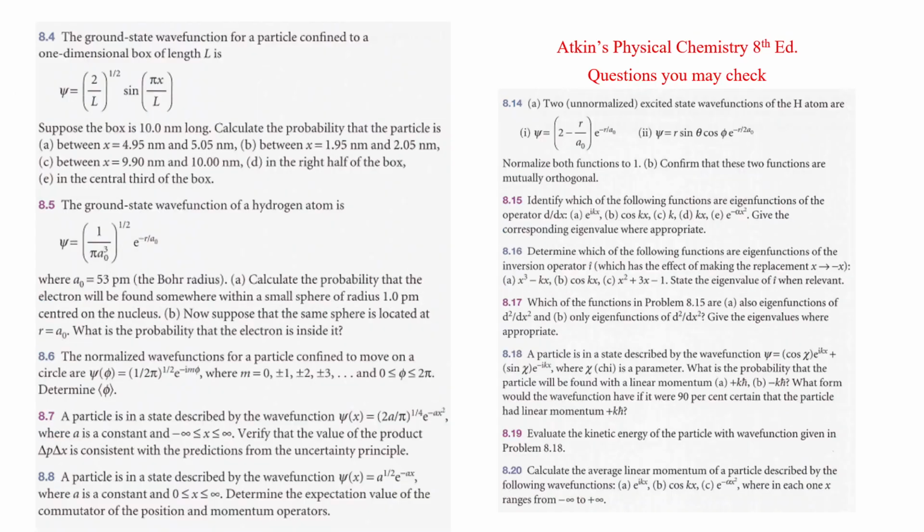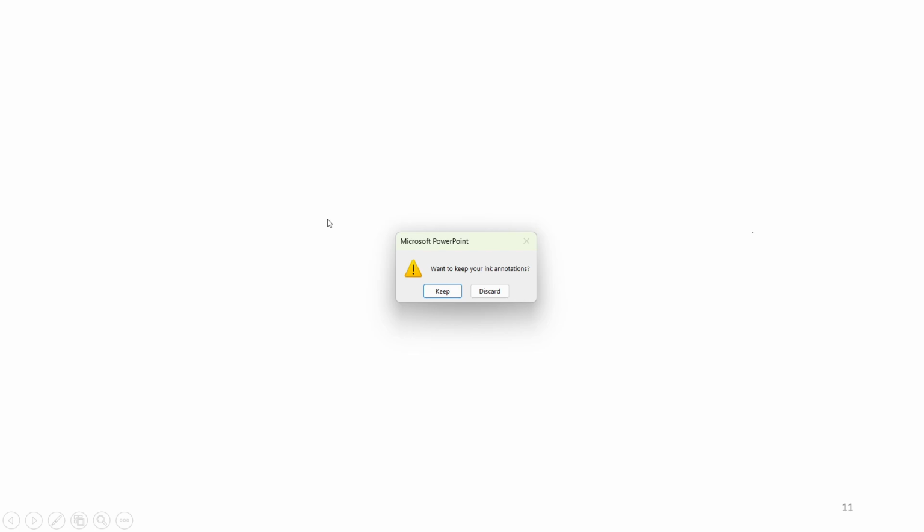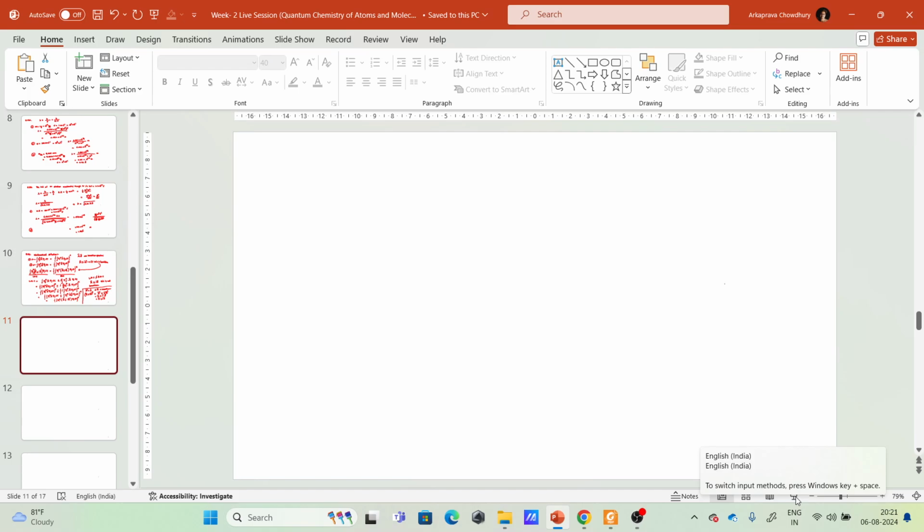What is the mass given? So from Heisenberg's uncertainty principle we know delta x into delta p is greater than or equal to h cut by 2.